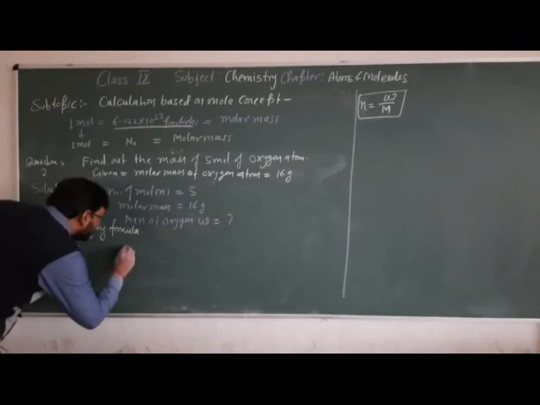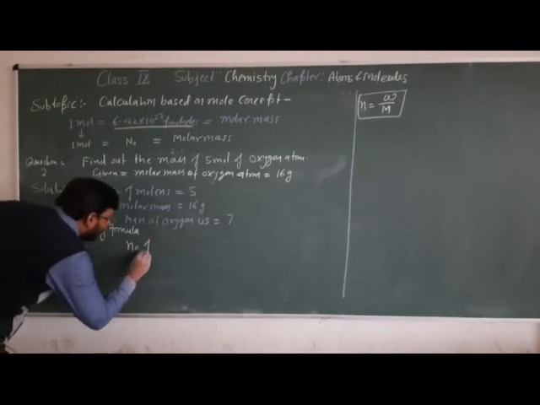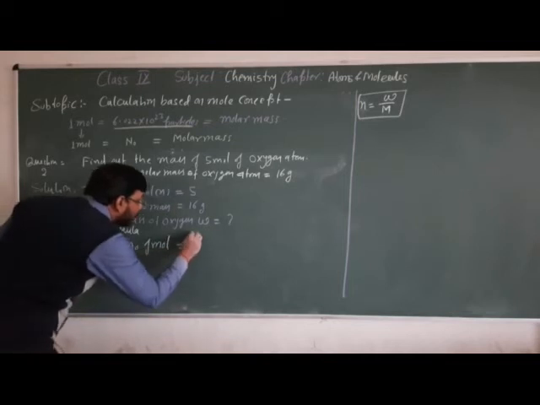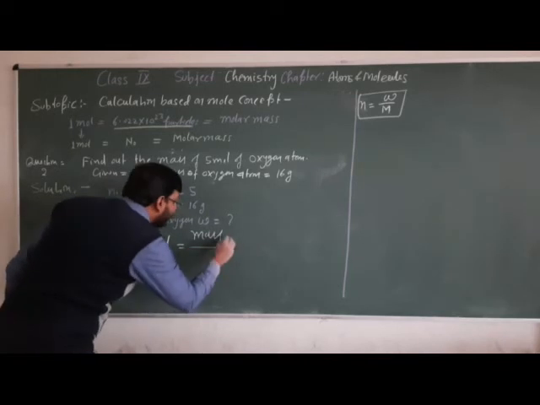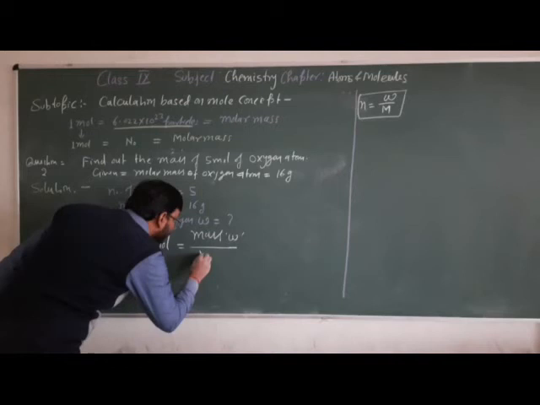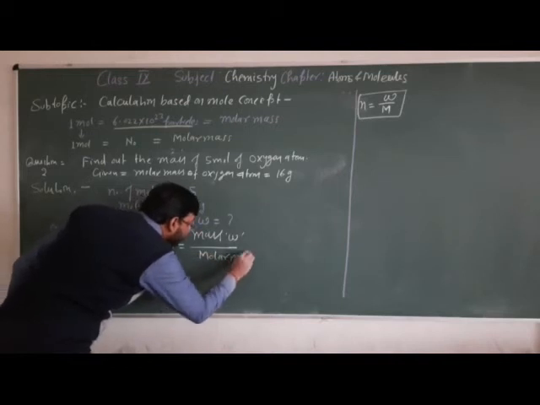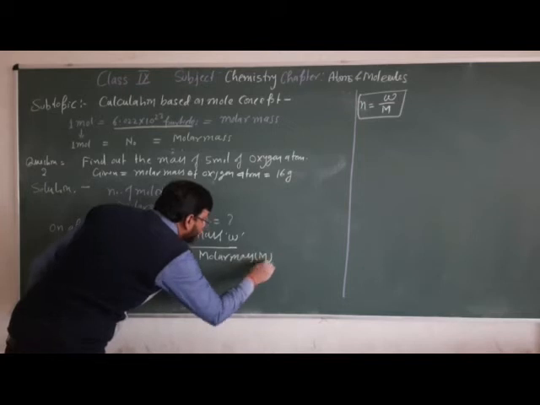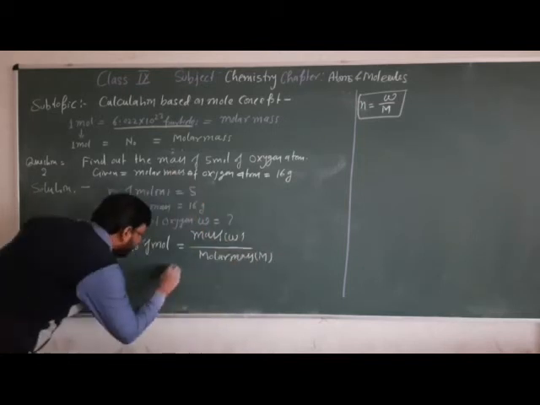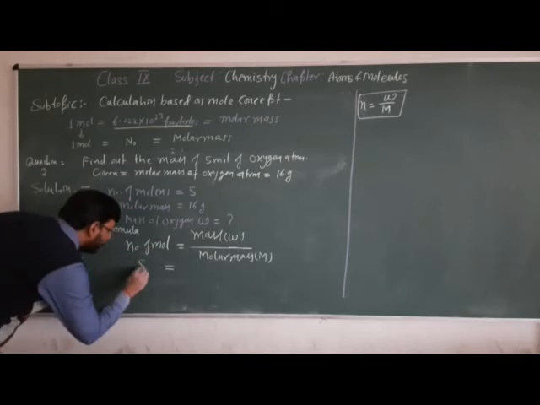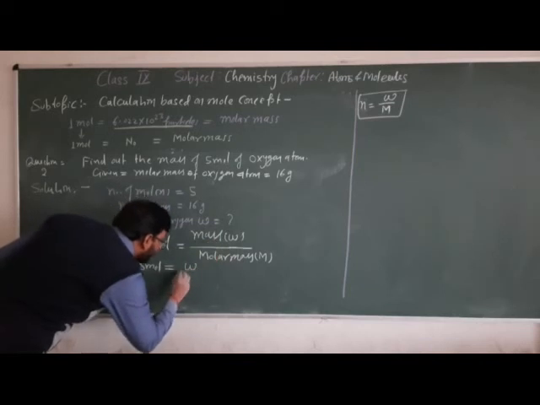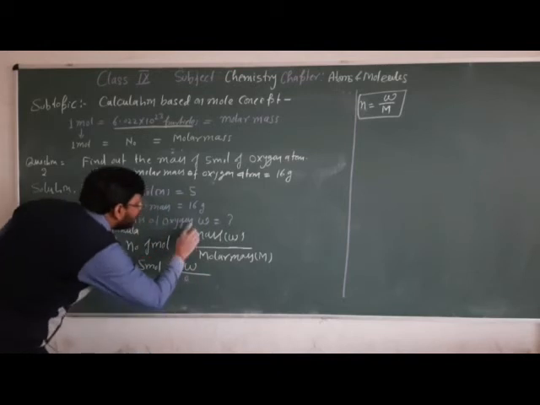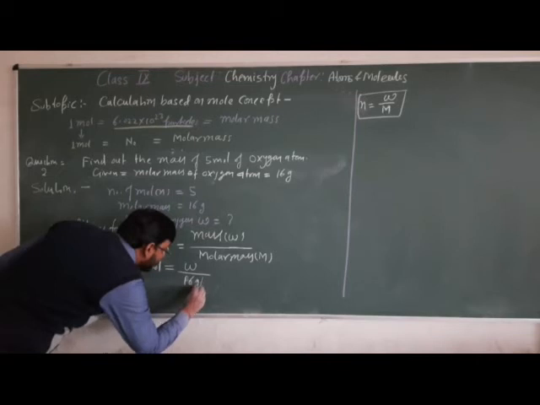This is N, number of moles is equal to given mass W divided by molar mass capital M. So put the values: number of moles is 5 mole, that will equal mass W, which we don't know, divided by molar mass 16 gram per mole.